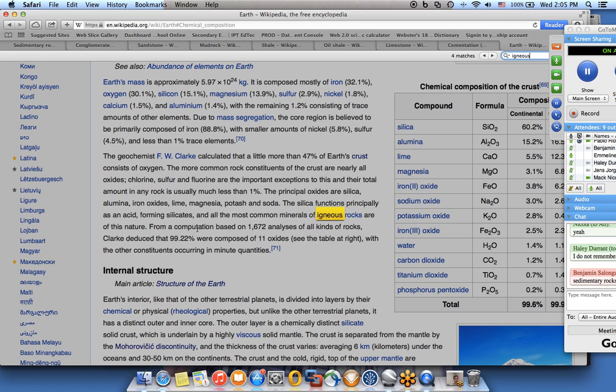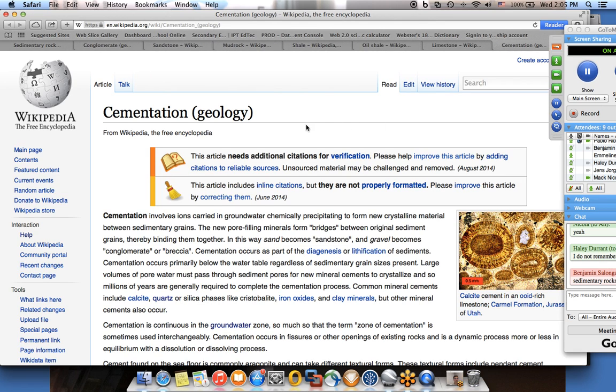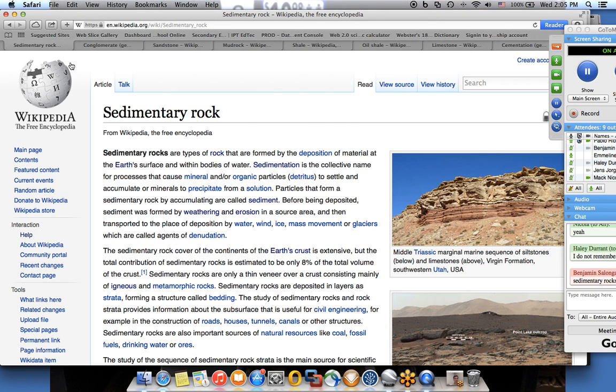But there was one part where it says that basically igneous rocks compose about two thirds, about 64, 67% of all the crust of the Earth. So igneous rocks are really the more common of all the rocks.